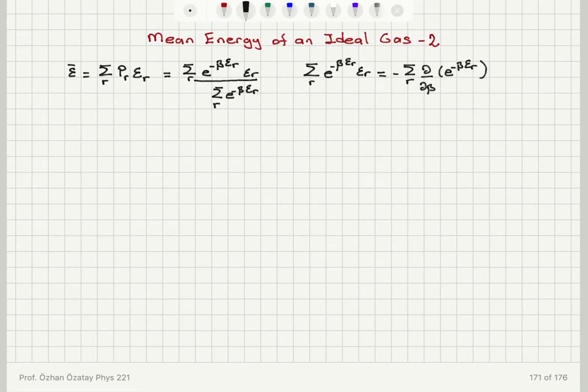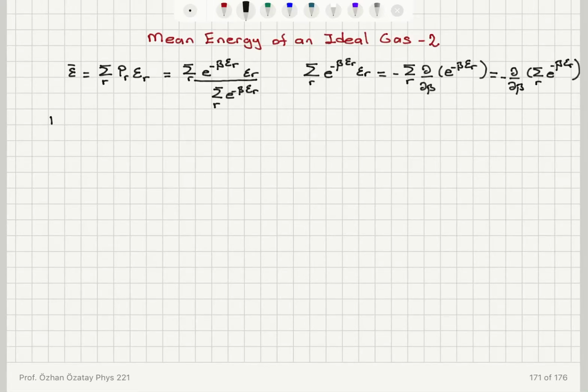Because the derivative and the summation commute, it doesn't matter which one I do first, so I can write this as minus the derivative with respect to beta of the sum over all possible states of e to the minus beta epsilon r. So I see that this summation over all possible states of the Boltzmann factor keeps appearing.